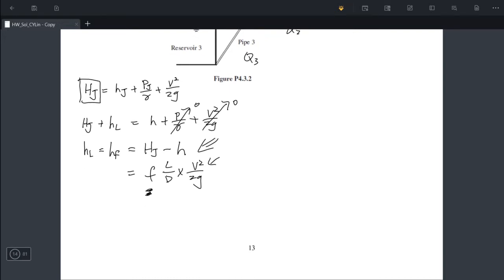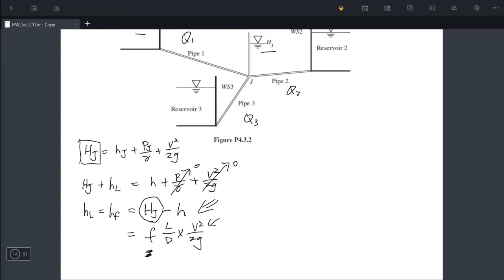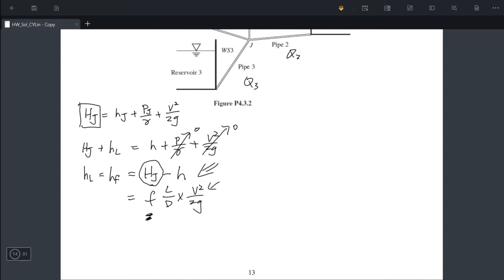Okay, but there's one thing that we don't know here, which is the total energy Hj here. So in order to solve this balance system, we will need to assume a value for this Hj.